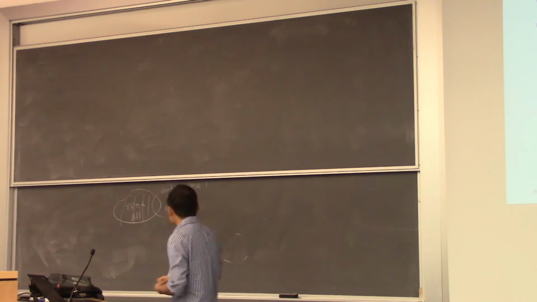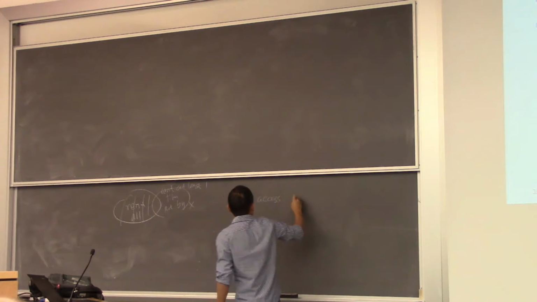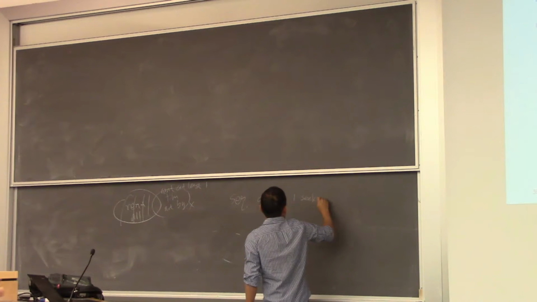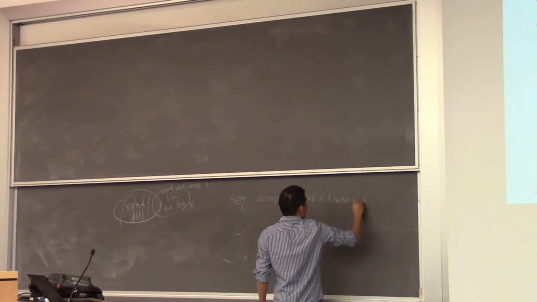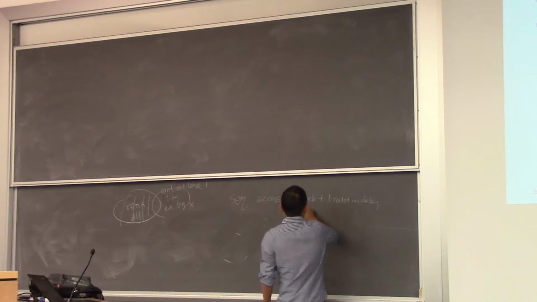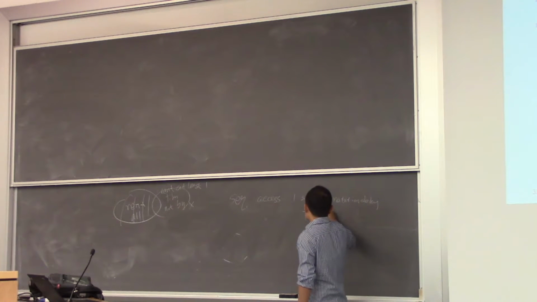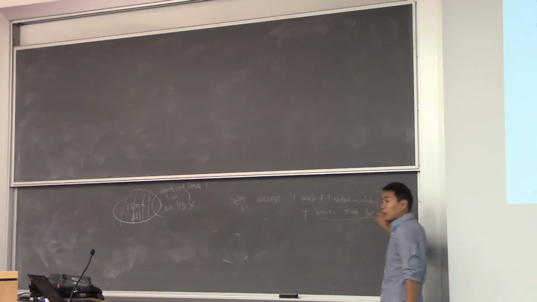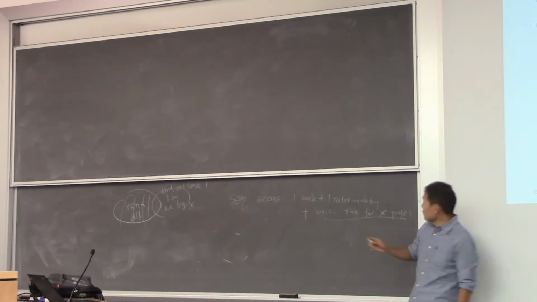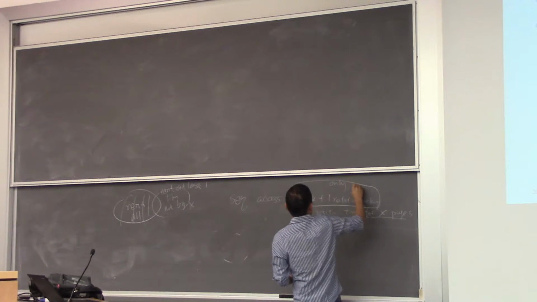But the key difference is for sequential access, what you do is 1 seek plus 1 rotation delay plus the rotation time for X pages. And this you can calculate, right? But the critical observation is you pay this part only once.